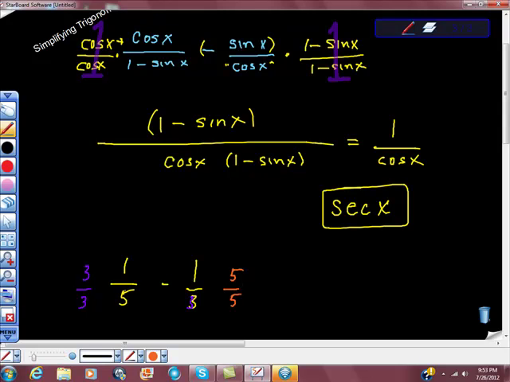Why did I choose 5? Because of this 5, right? And then we ended up getting 3/15 minus 5/15. Or the way I did it in the problem above is I just did 3 minus 5 over 15.